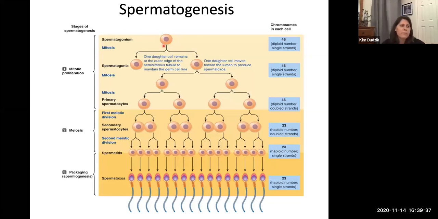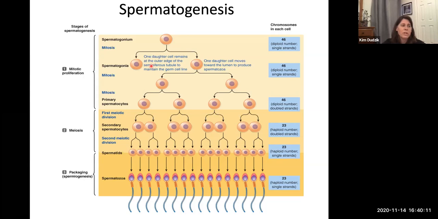These are undifferentiated diploid germ cells called spermatogonia, and they're produced during puberty. What happens is in spermatogonium, there'll be a burst of cell division by mitosis, and all that does is proliferate the germ cells so that there are many, many more.